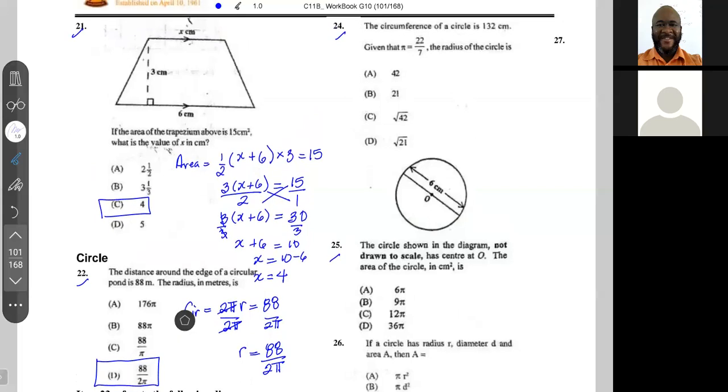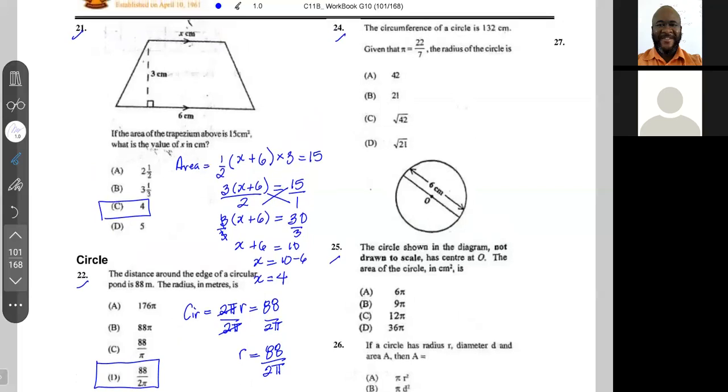Guys, 24 says the circumference of a circle is 132. So the circumference, which is 2 pi r, is equal to 132. So 2 times 22 over 7 times r is equal to 132. It looks very familiar, like a question we did already.